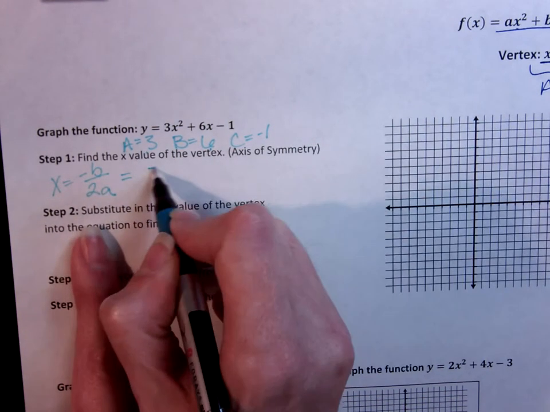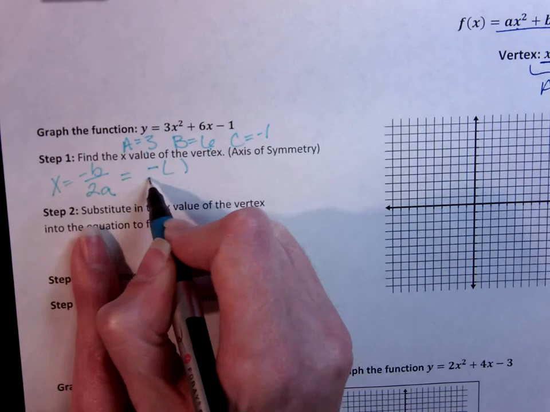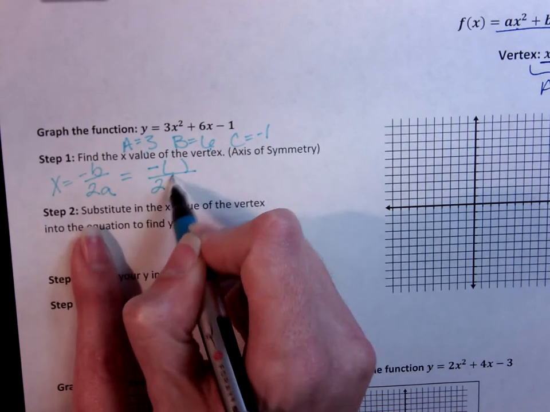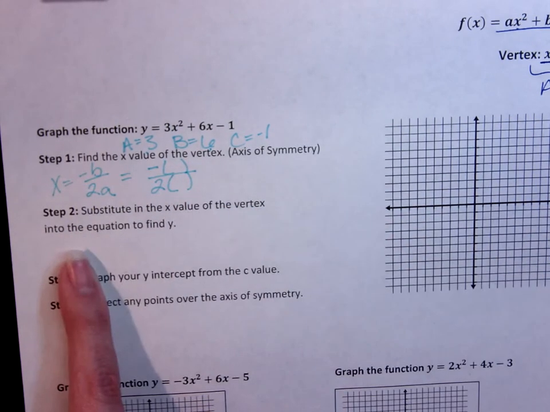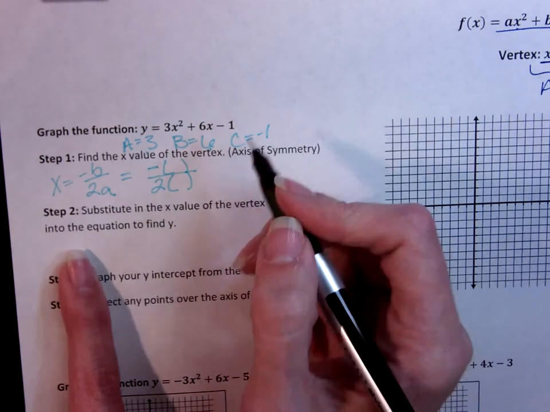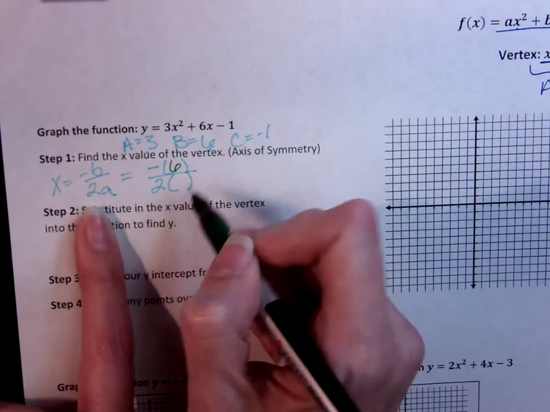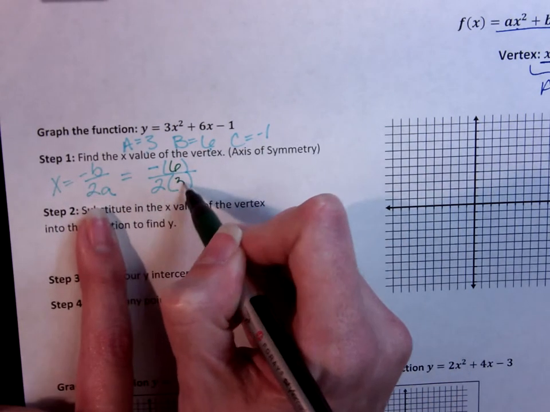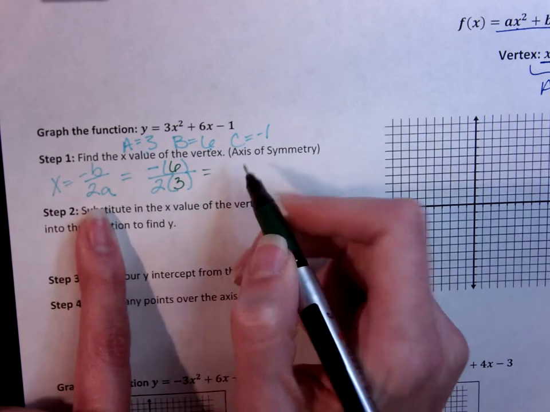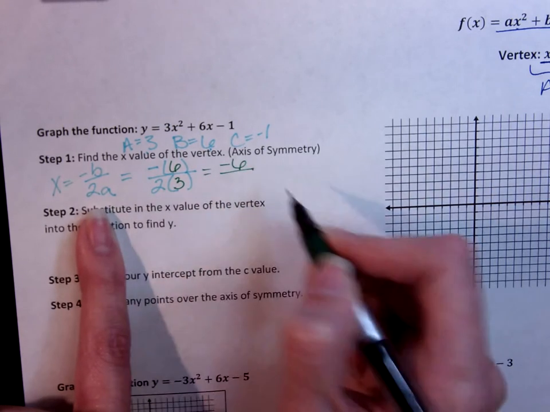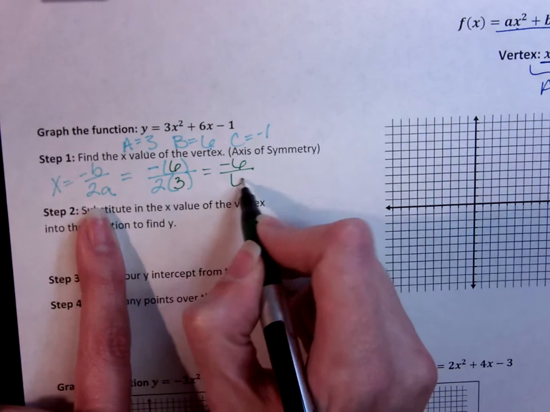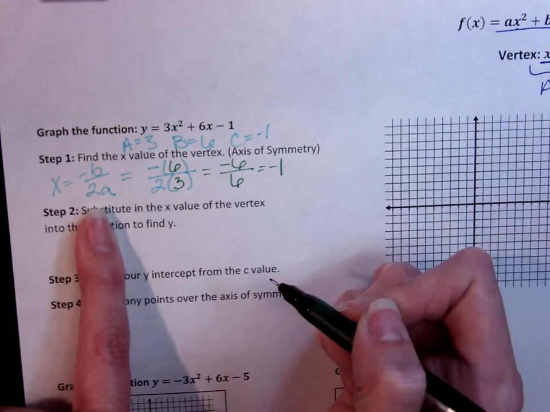So I'm going to leave negative, open parentheses for b, and 2 times a, and we're going to fill those values in based on what we wrote down. My b value is 6, my a value is 3. When I simplify that, I've got negative 6 over 2 times 3, which is 6, equals negative 1.